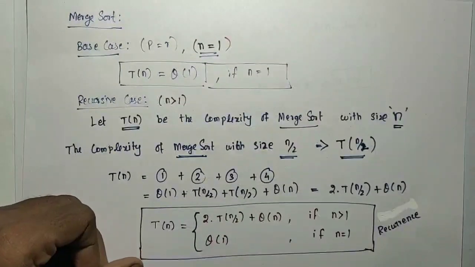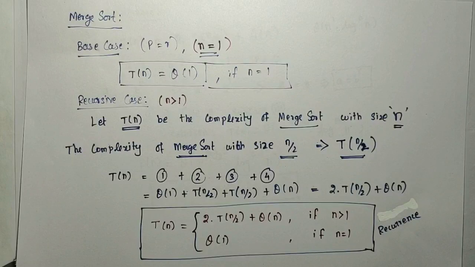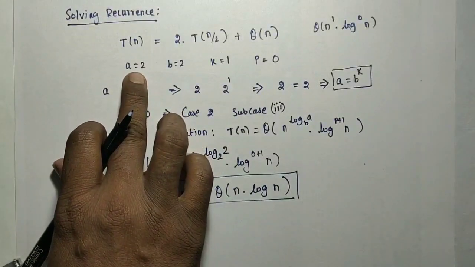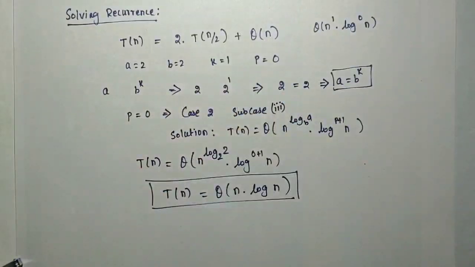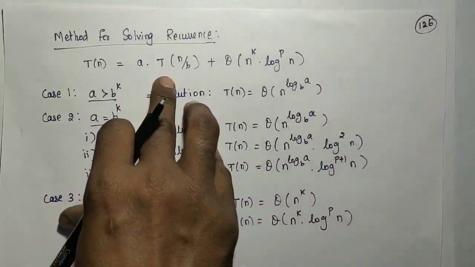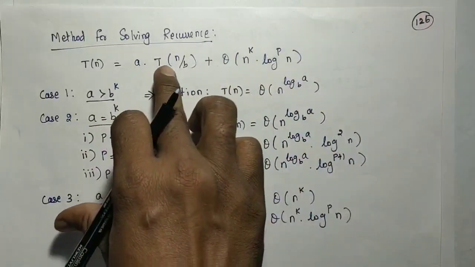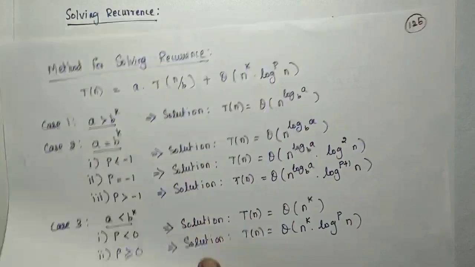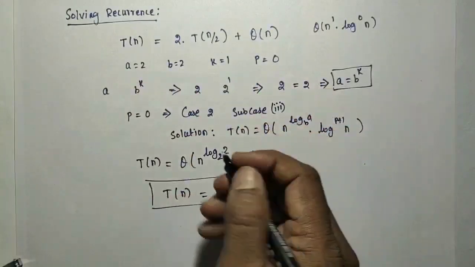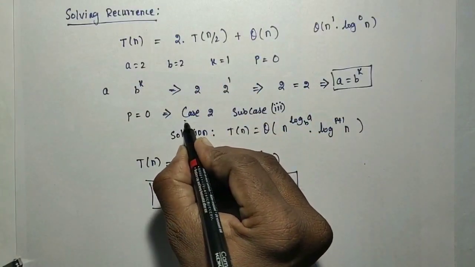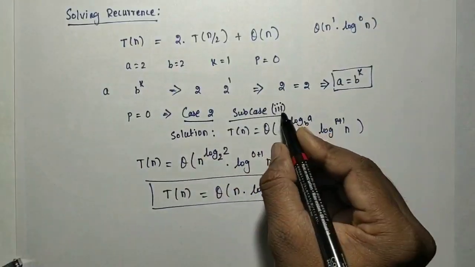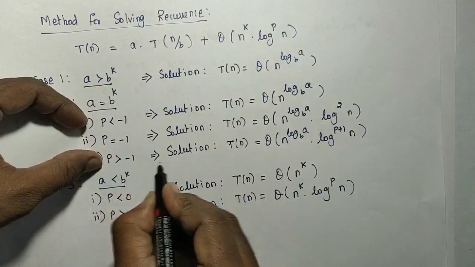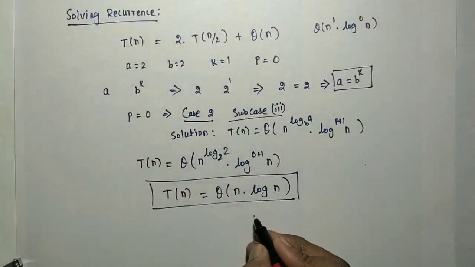That unknown complexity means it will be considered as a recurrence. For solving the recurrence, we need to apply this method. That is, we have to find the a, b and k, p values. If your recurrence is in this format, a into T of n by b plus theta of n power k into log n power p, I have to find it, and we found that this belongs to case 2 and subcase 3: a equal to b power k, subcase p greater than minus 1. That is the solution.